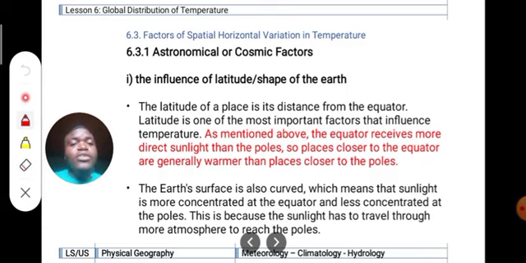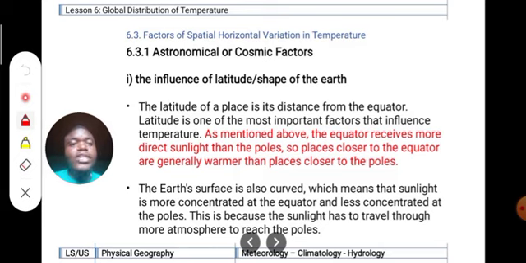Firstly, the latitude of a place is its distance from the equator. As mentioned above, the equator receives more direct sunlight than the poles. So places closer to the equator are generally warmer than places which are closer to the poles.